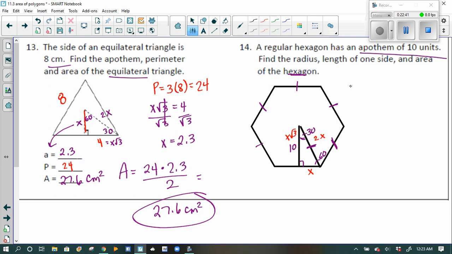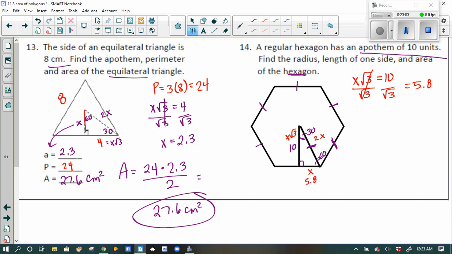So what I know is that x square root of 3 is equal to 10, so divide by the square root of 3. And let's get our decimal. So 10 divided by the square root of 3 is 5.8. So that means that this side is 5.8.